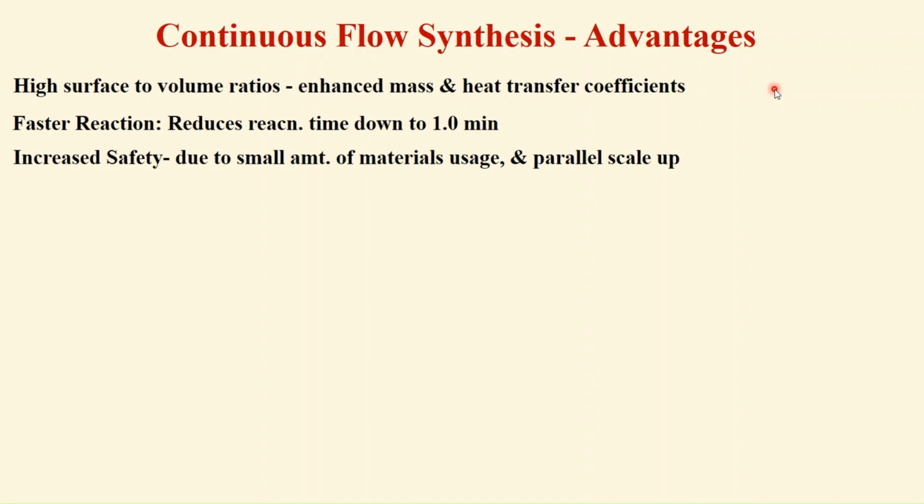And there is increased safety. We are using very small amounts of starting materials. We know in the rufinamide synthesis we are using aryl azide, which is prone to detonation and it explodes. In normal batch reactors, handling is a very difficult task.